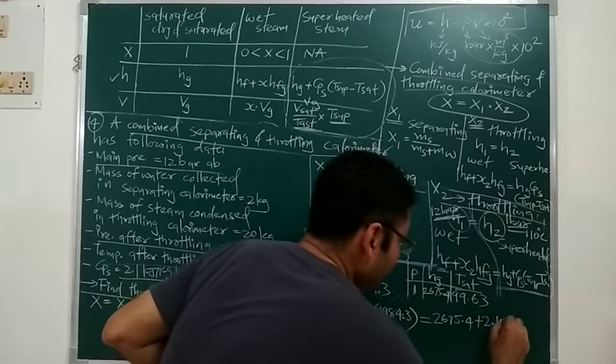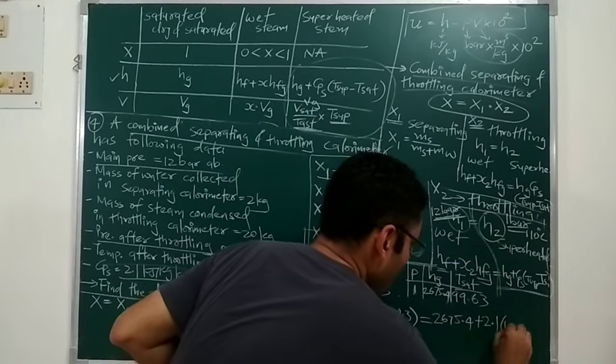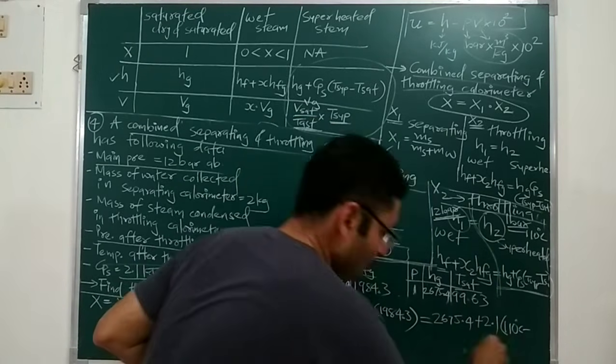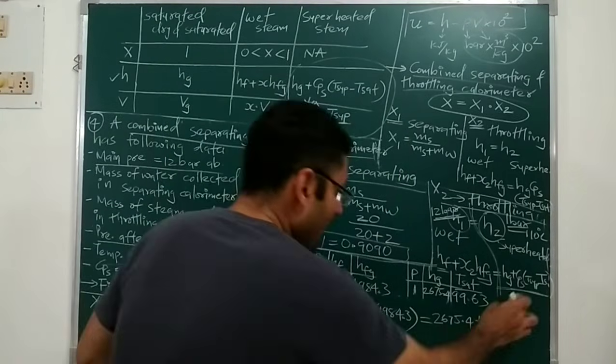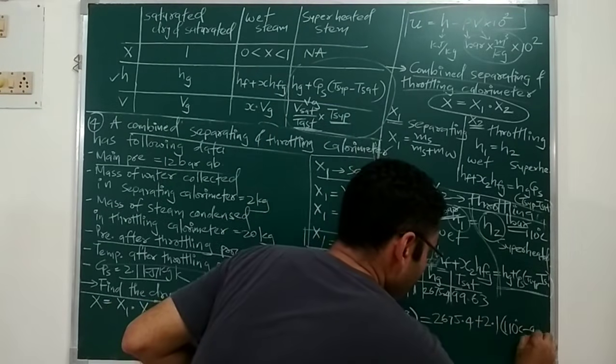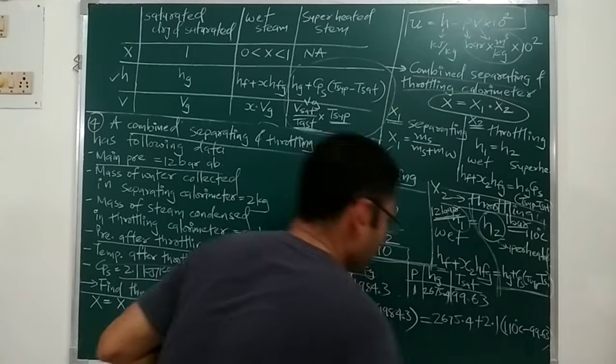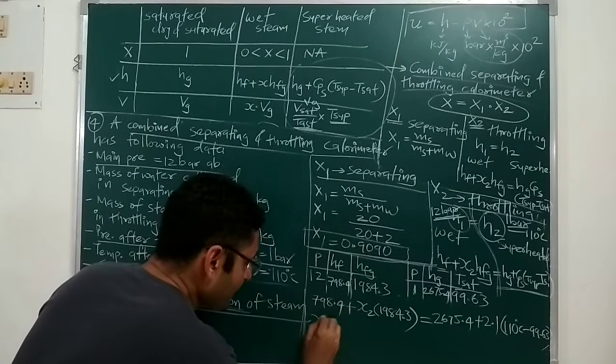Then T superheated is also given, which is 110 degree centigrade. You can convert it into Kelvin also, but the answer would be the same, as it is a difference, not a ratio. And T saturated is 99.63. So you will make X2 the subject of the equation.